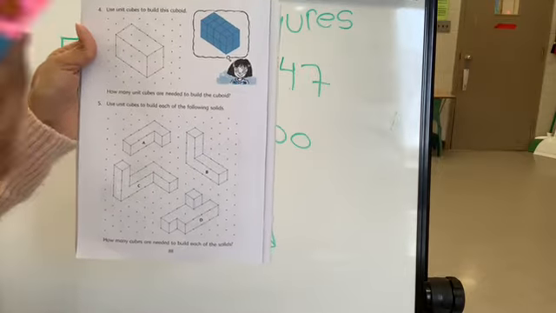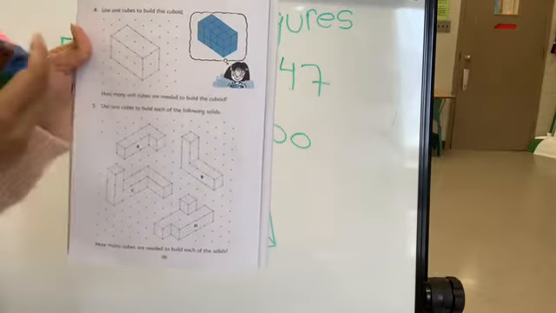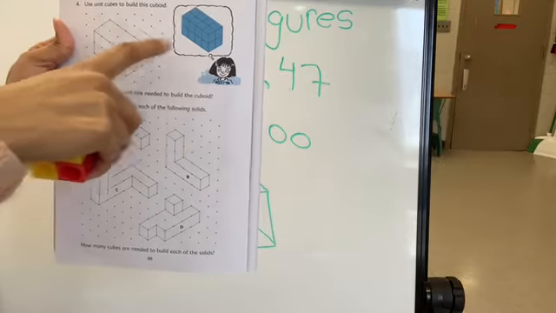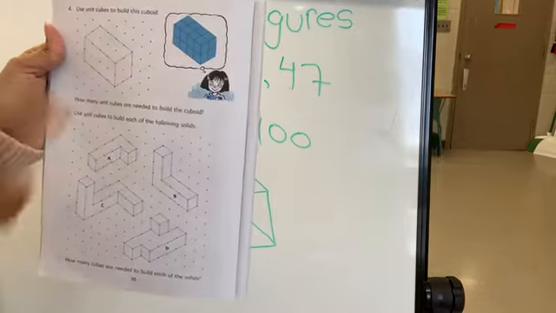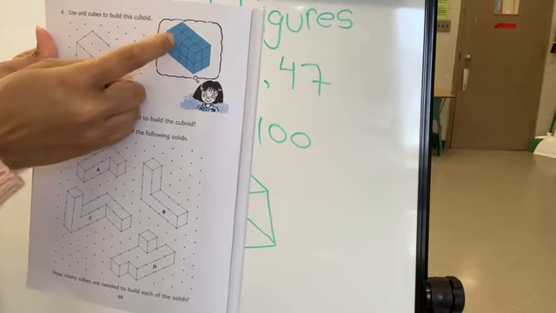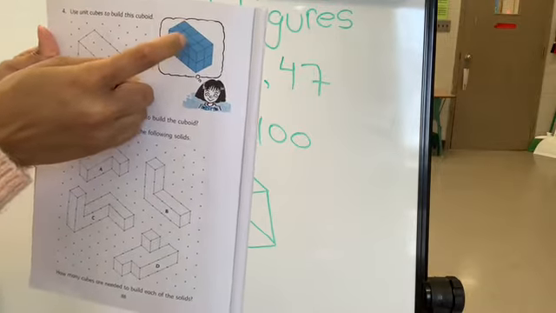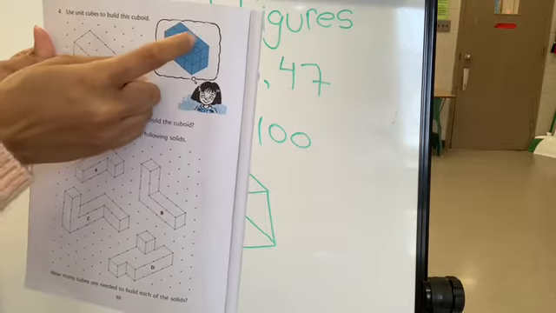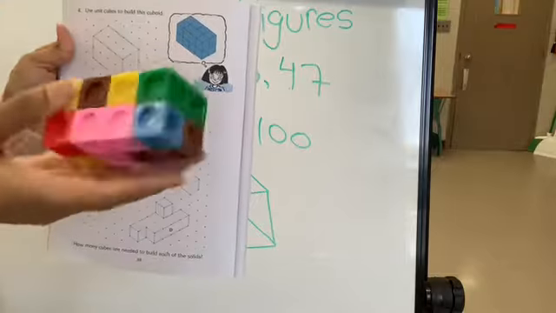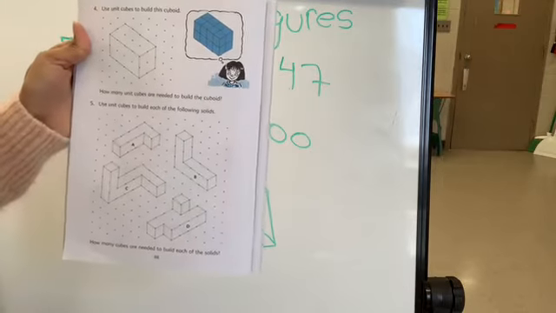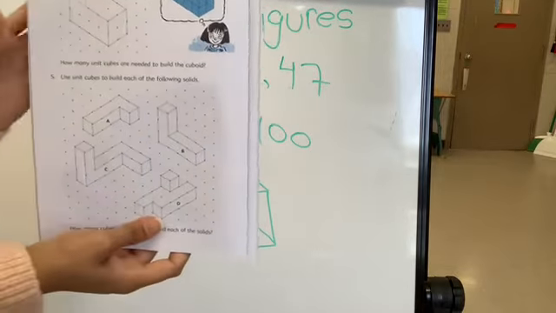We would say 16, because there are the top ones. Look, they've even shown you the top ones. So sorry, 1, 2, 3, 4, 5, 6, 7, 8. 8 cubes at the top and 8 cubes at the bottom. So altogether we have 16 cubes.